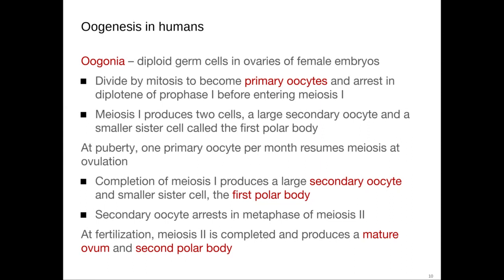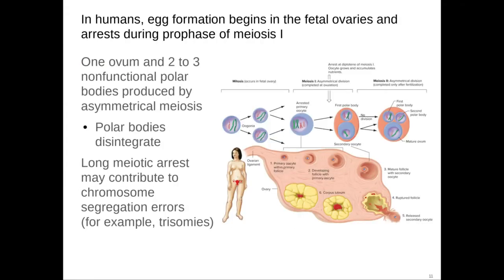So, kind of a weird system, but let's look at this conceptually. Now we have mitosis, which is what we're seeing occurring in the fetal ovary. Oogonia produce primary oocytes here, and then they go on to division, producing arrested primary oocytes. Now, meiosis 1 occurs, and remember this starts at puberty.